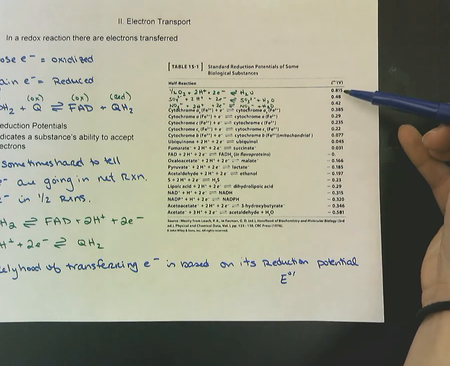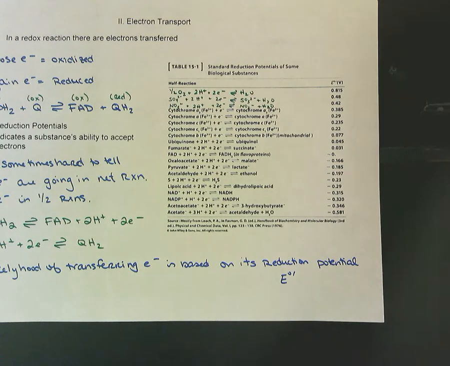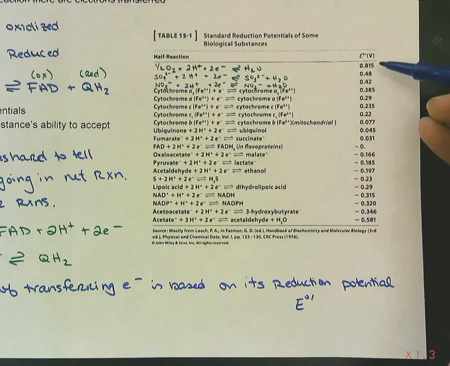The molecules at the top have the highest E standard state prime, and down here the lowest. So the greater the value, the more likely this reaction is to happen, because these are all reduction reactions.